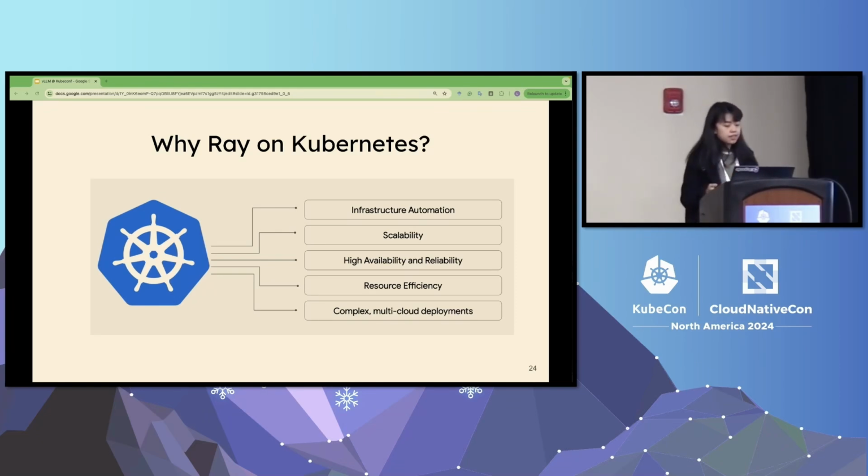And also scalability. Kubernetes is designed for horizontal scalability, making it ideal for scaling Ray clusters. And also high availability, reliability, resource efficiency, and multi-cloud deployment. All those benefits make us want to use Kubernetes with Ray.